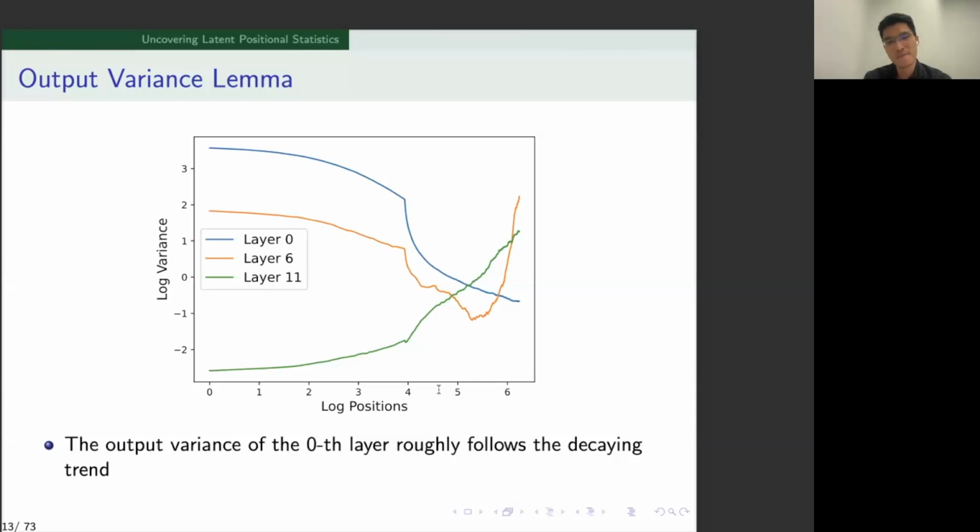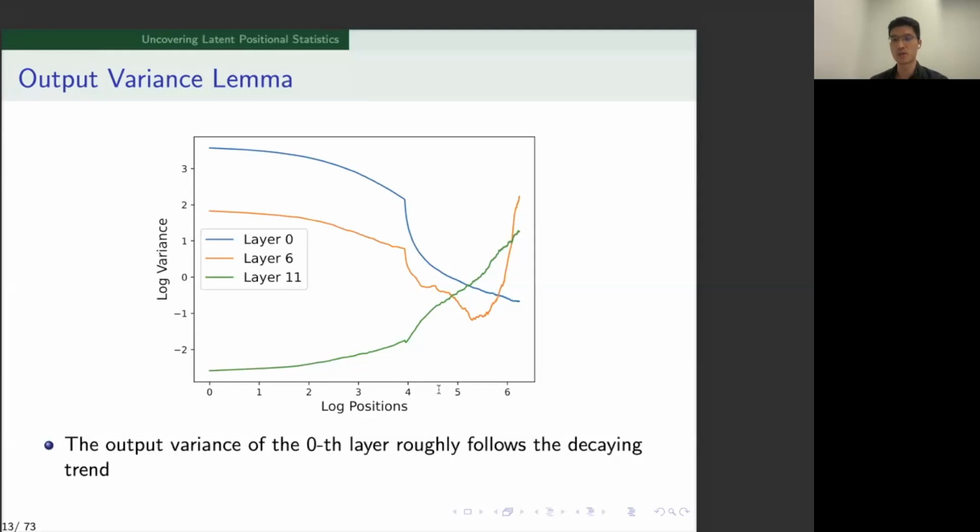Well, I believe maybe it's because the model decides to focus on a different amount of context at layer 6. If we recall, the variance decaying lemma only holds true when the model looks at more tokens as the positional index increases, if it monotonically increases.